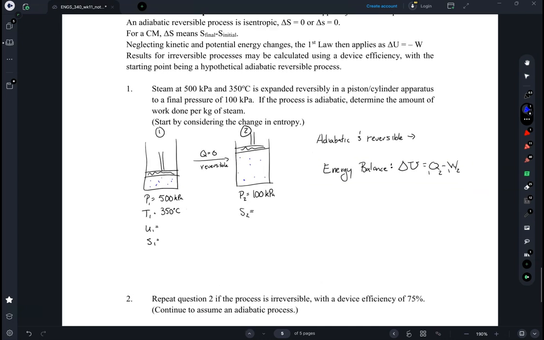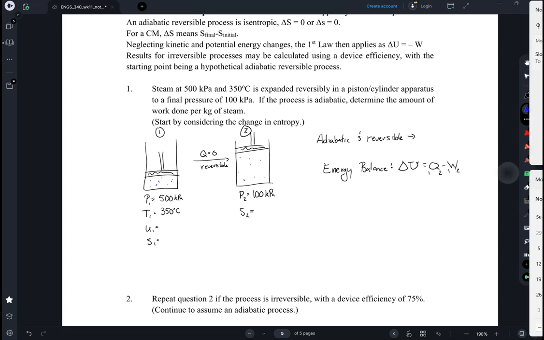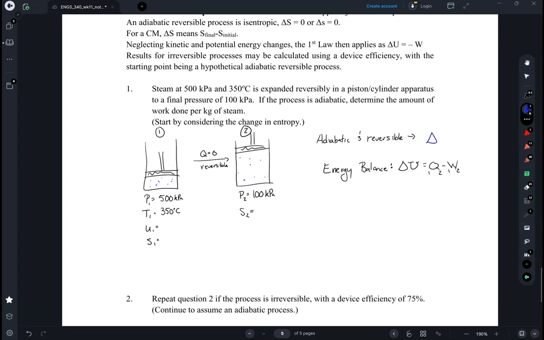If we look at this particular adiabatic reversible process, say we have an expansion from 500 kPa and 350 C down to a final pressure of 100 kPa. If we know that this is adiabatic and reversible, we know that delta S is equal to 0, just like it has been in the past.